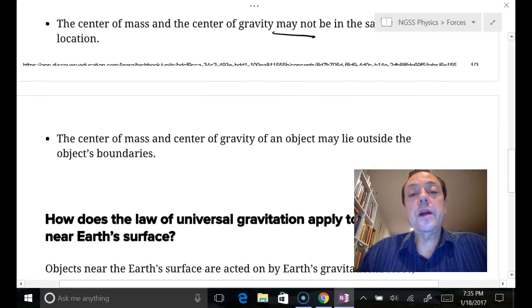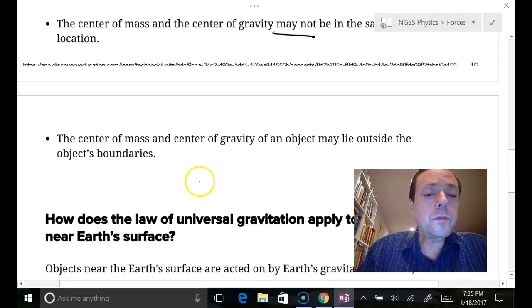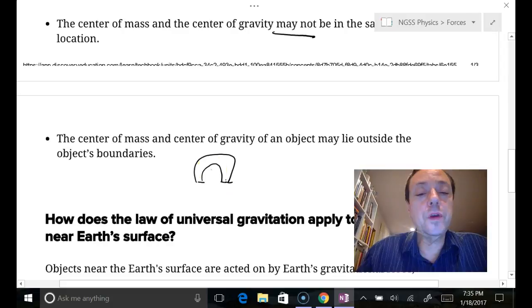Center of mass and center of gravity on an object may lie outside the object's boundaries. For example, if I had something like a horseshoe, the center of mass would probably be someplace in here, along with the center of gravity.